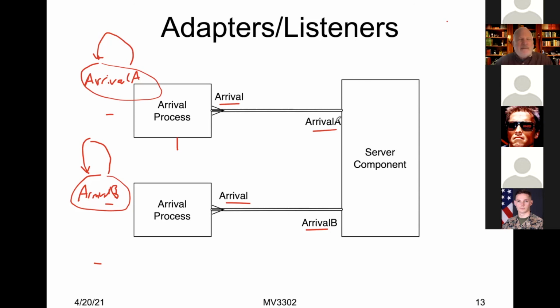No, it's not quite the same, because an adapter will adapt the arrival event to the arrival A event. If I was just doing a listener, which is a single connector, it would hear arrival events and say, do you have an arrival event?